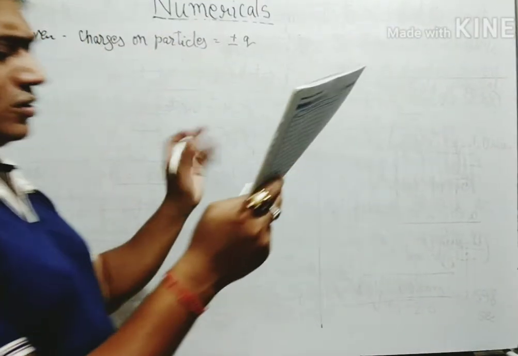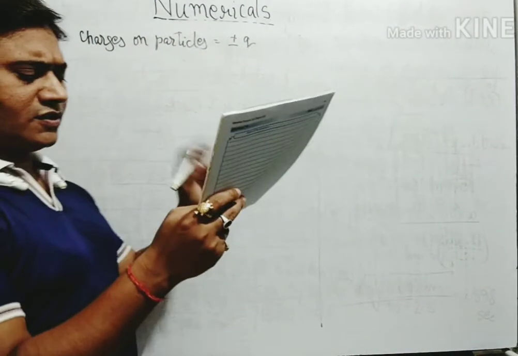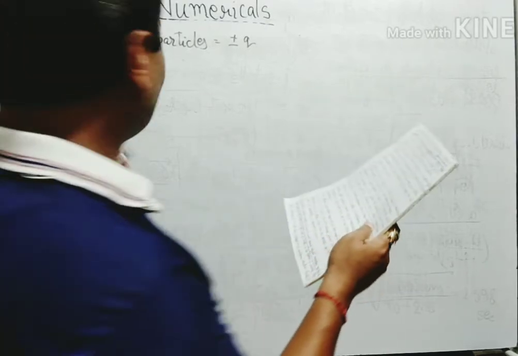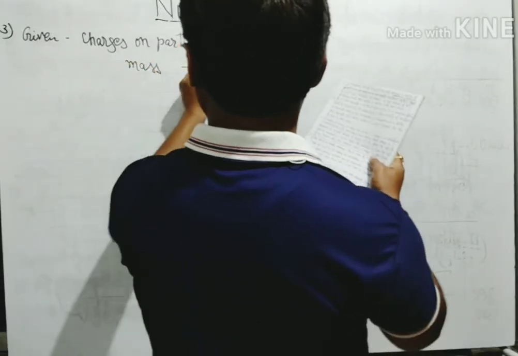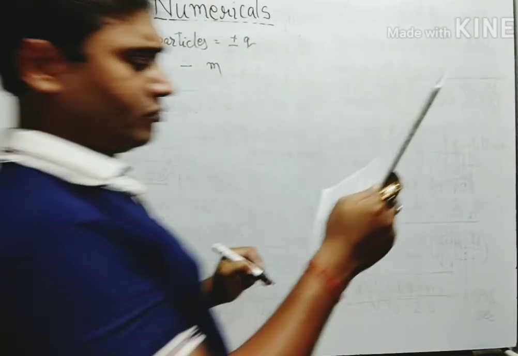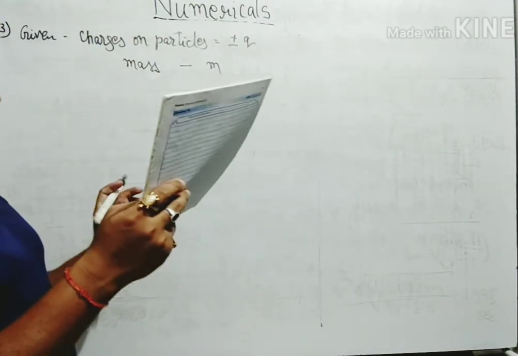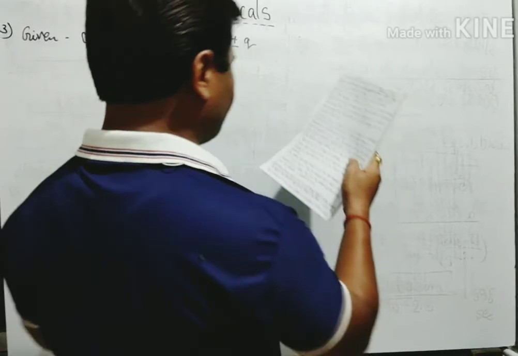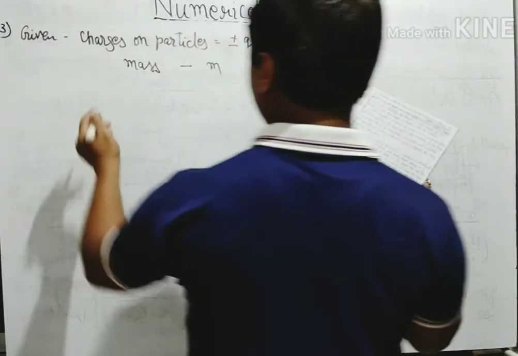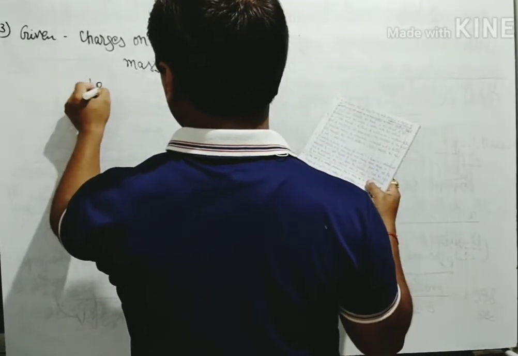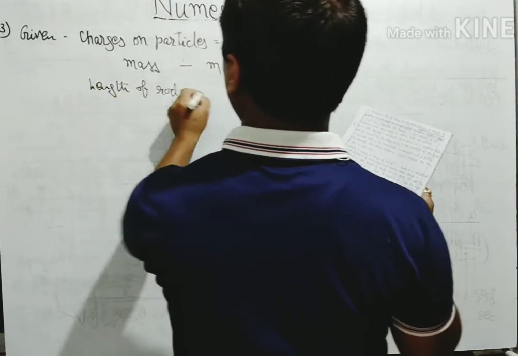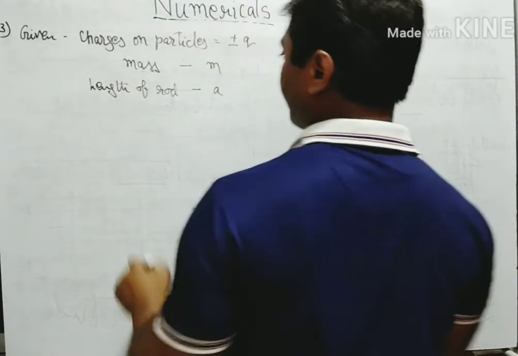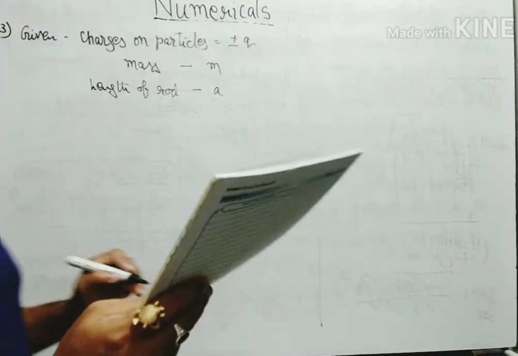Magnitude is equal, one is plus and the other is minus q. And equal masses, small m mass is given, and they are fixed at the ends of a light rod of length a. So the length of the rod forming the dipole is a. So this is the information given.